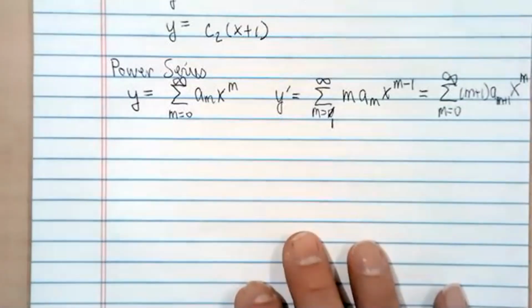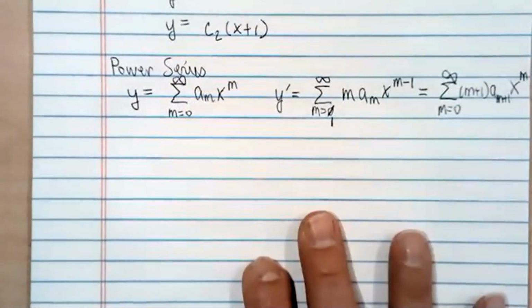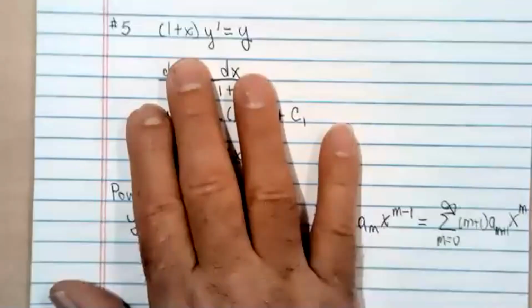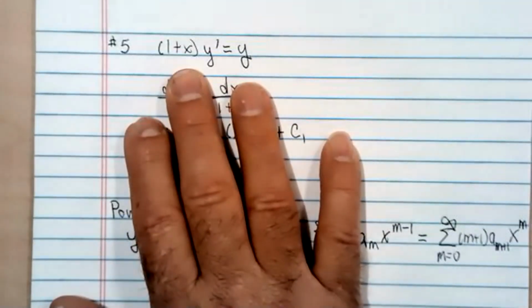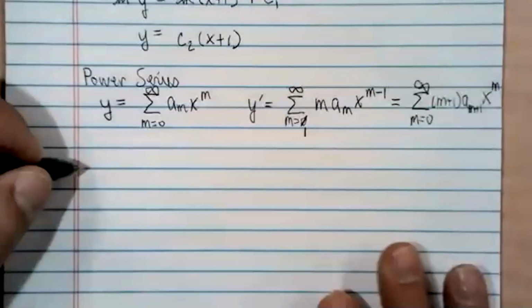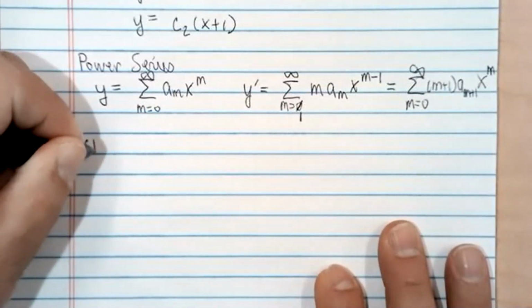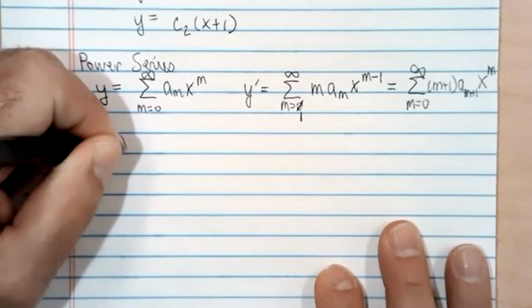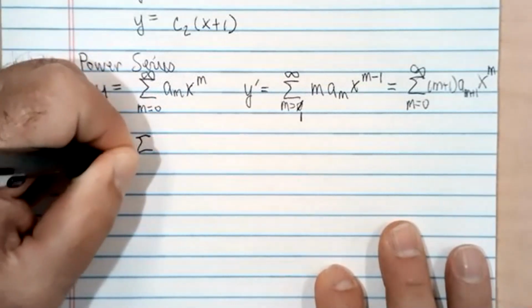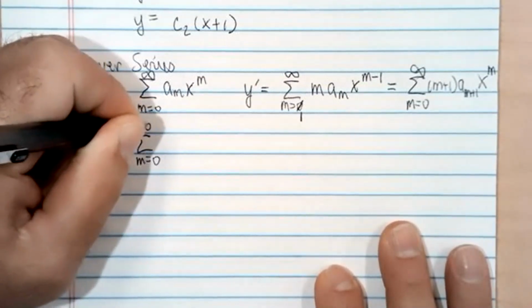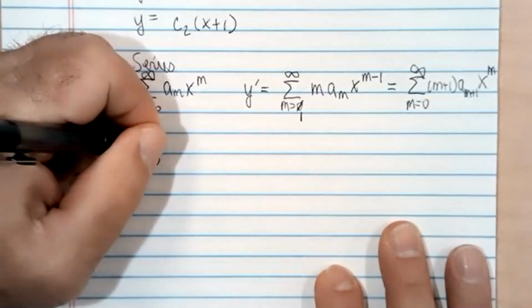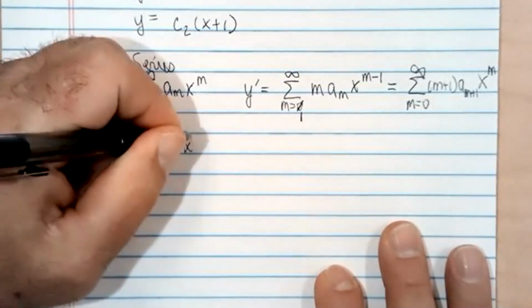And now if I plug these series into my original ODE, which is right here, then I get this 1 plus x times the series, m goes from 0 to infinity, a_m x to the m.